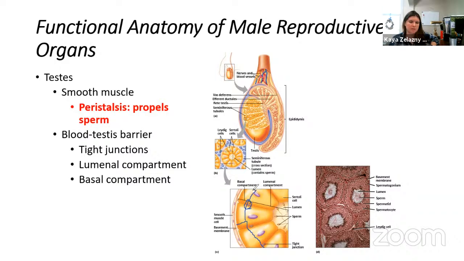So we can think of this part above our tight junction as our basal compartment, versus what we're going to see in the luminal compartment, nearer down here. So we have a blood-testis barrier, which means we're going to be able to very carefully control the hormones and the other nutrients that are present in this area where the sperm are developing.